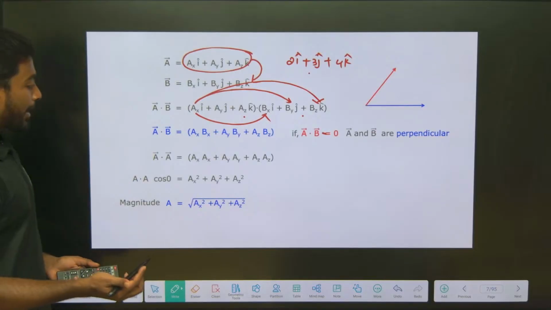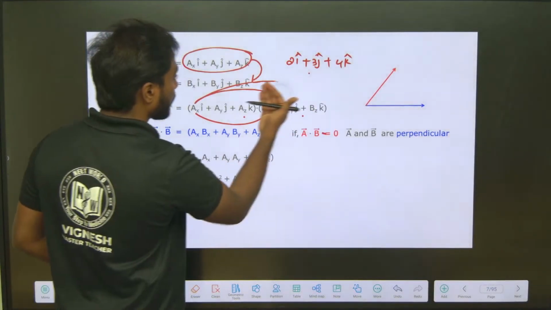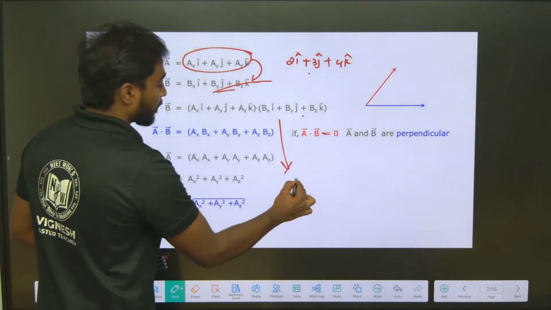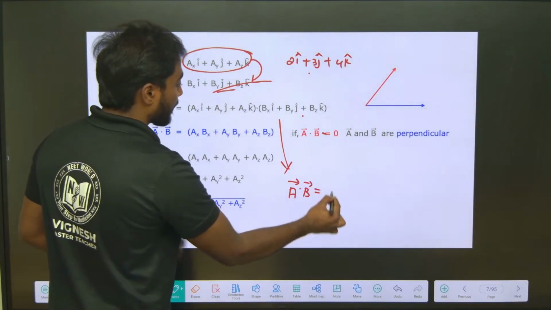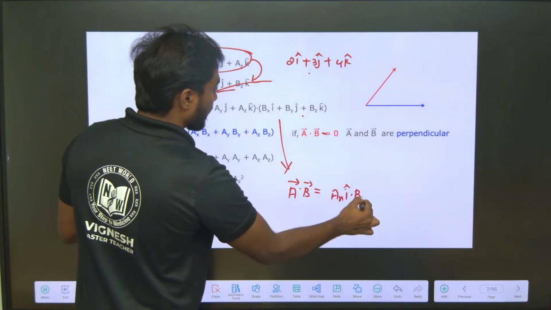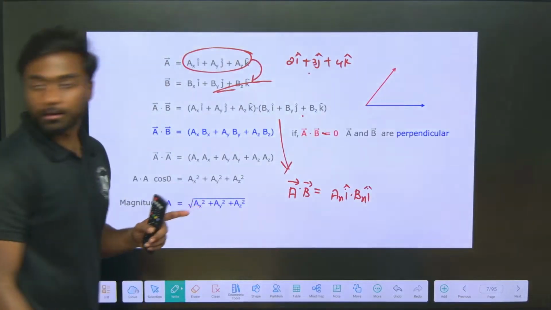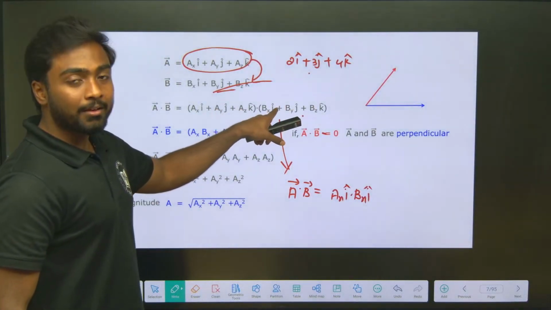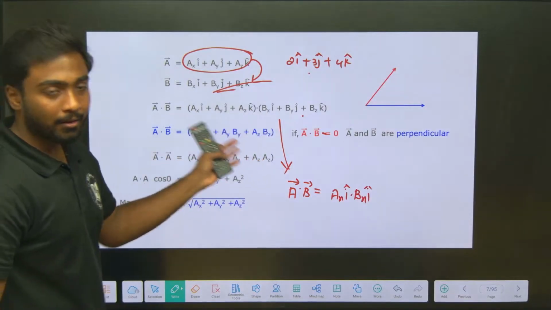So what will be the answer? I can say from here, a vector dot b vector will be given as ax i cap dot bx i cap, right? So ay j and bx i will be 0, and remaining everything will be 0.